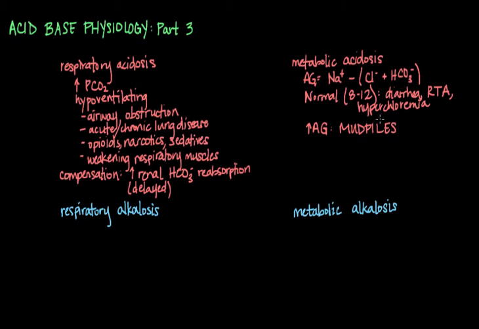Now, unlike in respiratory acidosis, where the compensatory mechanism is delayed, the lungs are able to immediately compensate by hyperventilating. So the compensation is hyperventilation, which is an immediate response, and this is in order to try to balance out the body's pH. And if the lungs aren't hyperventilating appropriately, there might be a concurrent respiratory acidosis or alkalosis.